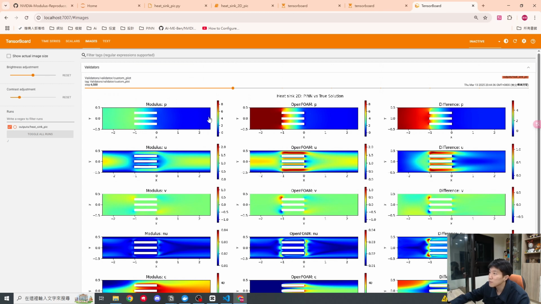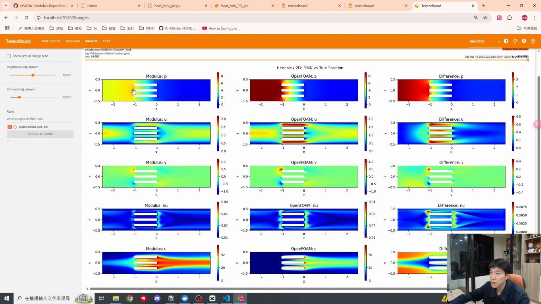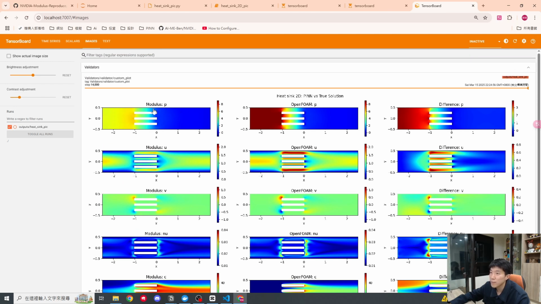If you look at this pressure, when you train more steps, the difference will be much closer to the OpenFOAM true solution. So you can see the U is getting more similar. I think if I train more steps, I will get a more similar result.